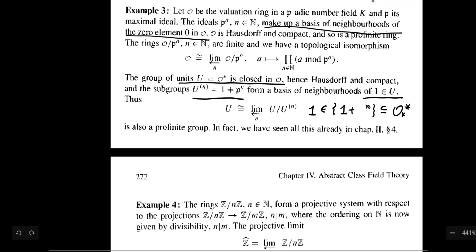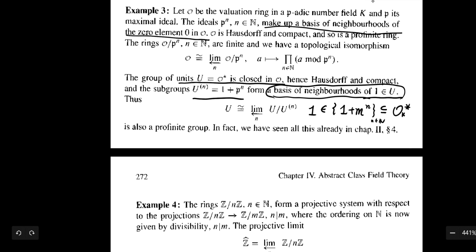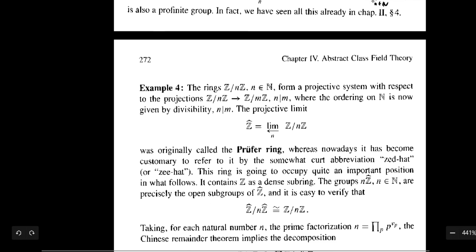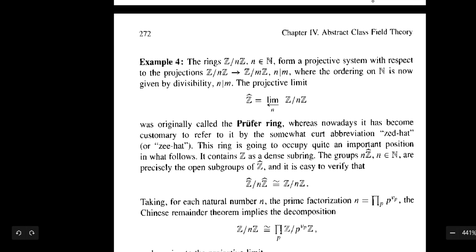Really, we write this using the maximal ideal, like this. A basis of neighborhoods. It is also a profinite group. In fact, we have seen all this already in the chapter before.